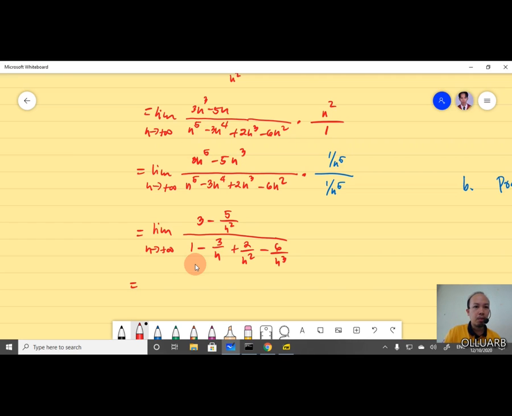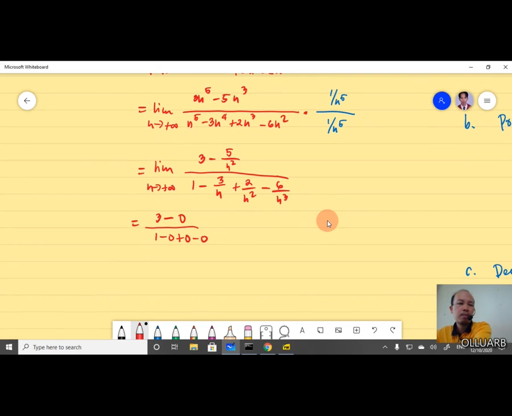So we can now evaluate the limit, which is 3 minus 0 over 1 minus 0 plus 0 minus 0. So this is equal to 3, which is greater than 0.